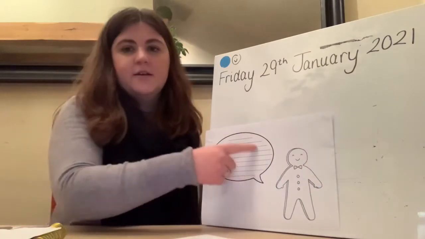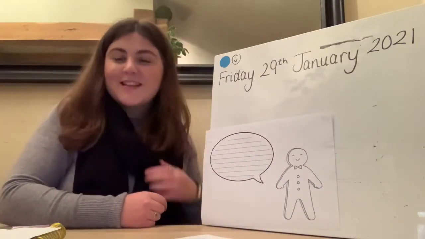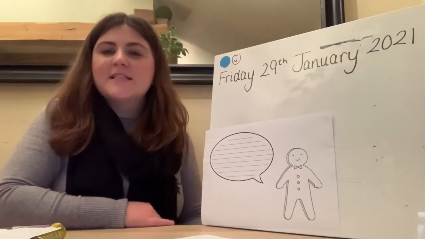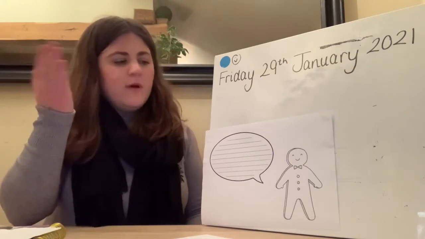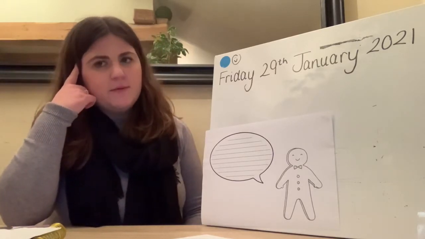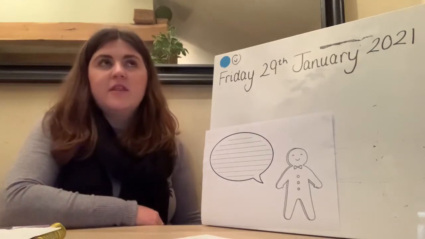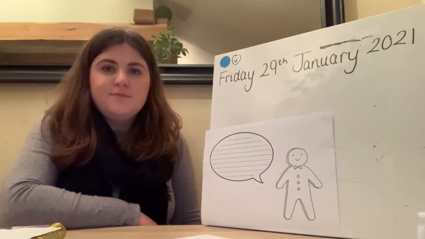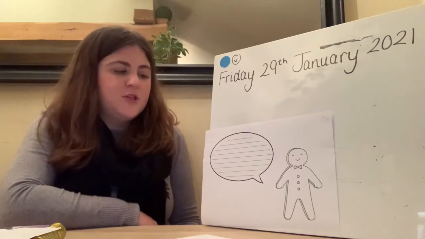This thing here. Do you know what this is called? Can you remember? That's right, it's called a speech bubble. But why do we use a speech bubble? What is a speech bubble used for? Have a think. Why might we use a speech bubble?